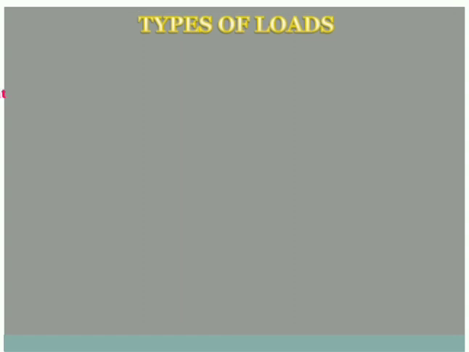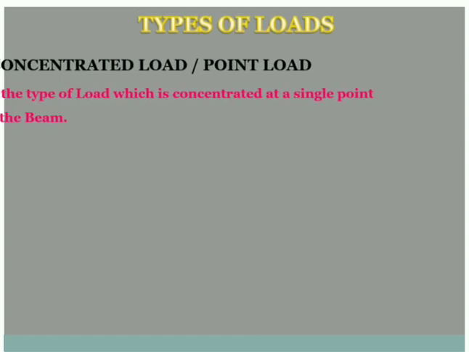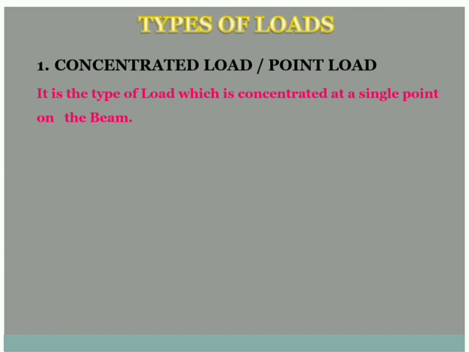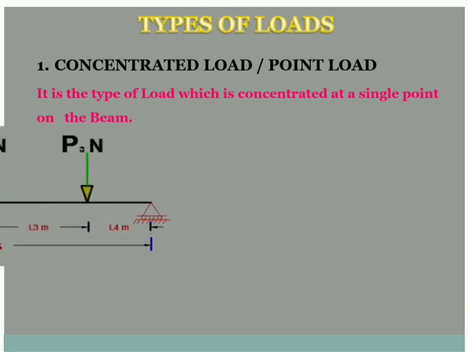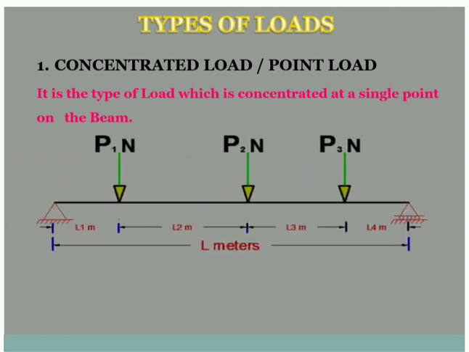First is the point load or the concentrated load. It is the type of load which is concentrated at a single point on the beam. So, point load, as its name goes, or the concentrated load, it is that type of load which acts at a single point on the beam.